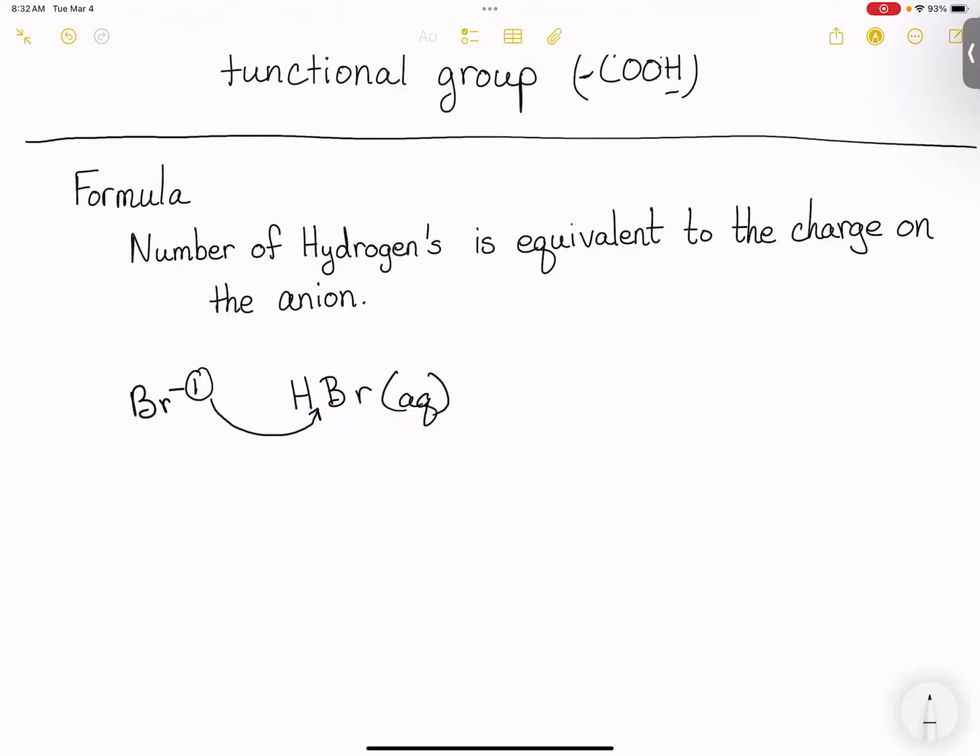If I ask you, what is the formula for nitrate? Nitrate has 3 oxygens, but it has a -1 charge.